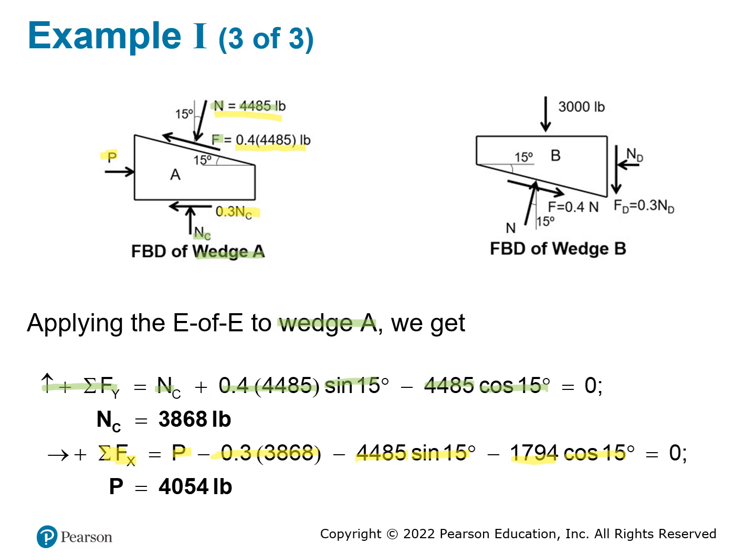So you got MC and P. So the minimum force is 4,054 pounds, and that is how we solve this problem. So it's very simple. There's no moment at all. You just need to find the force for each one of the case.